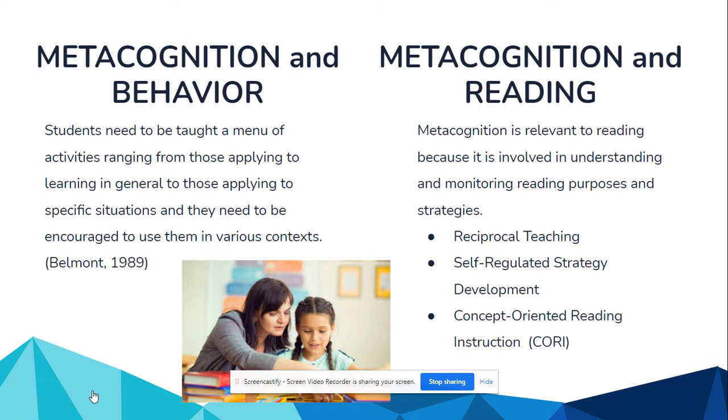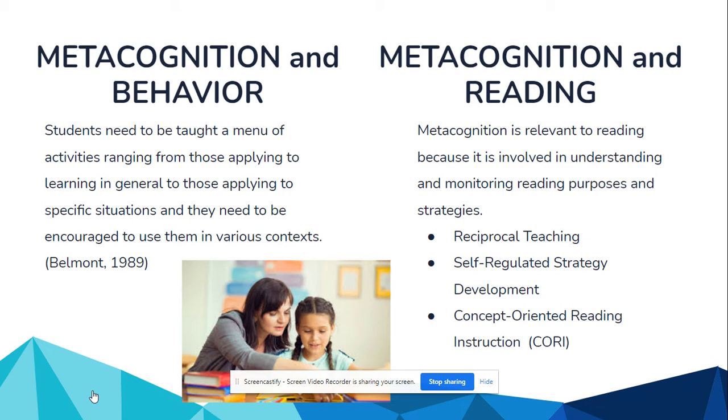Some strategies for this is the reciprocal teaching. This is where the teacher and students take turns teaching. Often the teacher might model the activity first, much like this presentation process we are all doing. Then there are also programs. For example, the Self-Regulated Strategy Development Program combines strategy instruction with self-regulated instruction in reading.